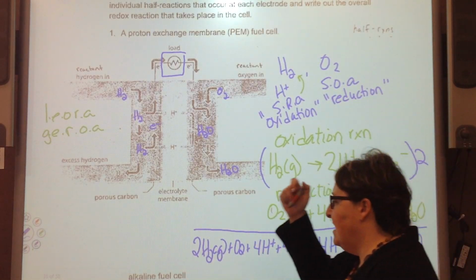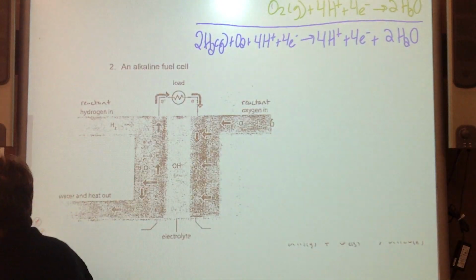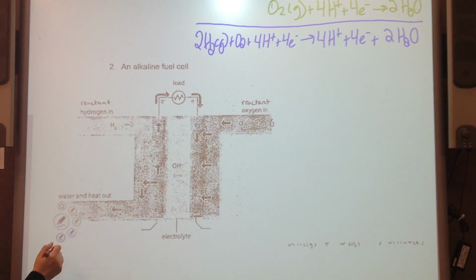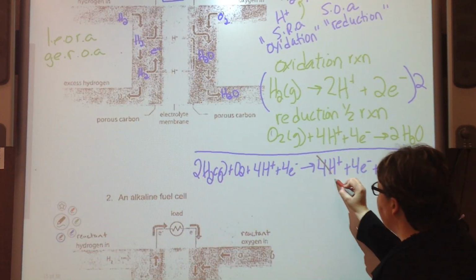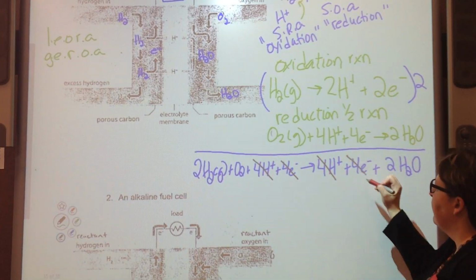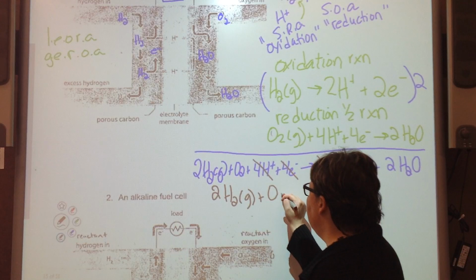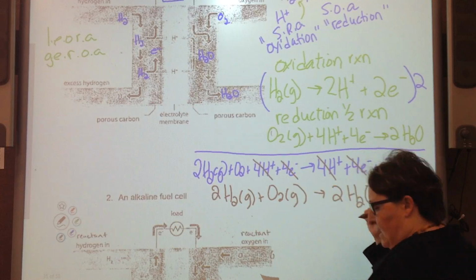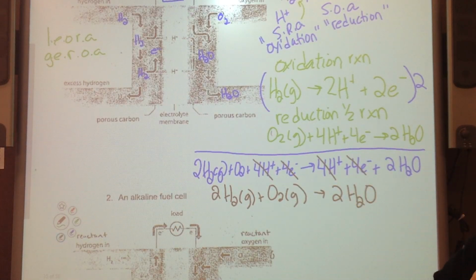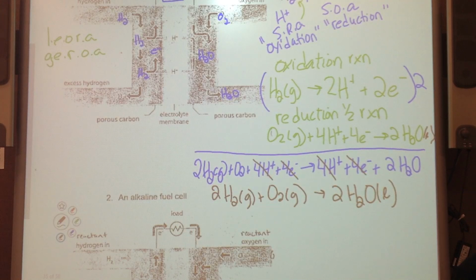Okay, and now I can cancel out what's common between both the product side and the reactant side. So this is common. This is common. So I'm left with 2 hydrogen gas plus O2 as a gas. It's going to give me 2 waters. And what is the state of our water in our half reactions? Liquid. Okay? That's what that question is asking us to do.